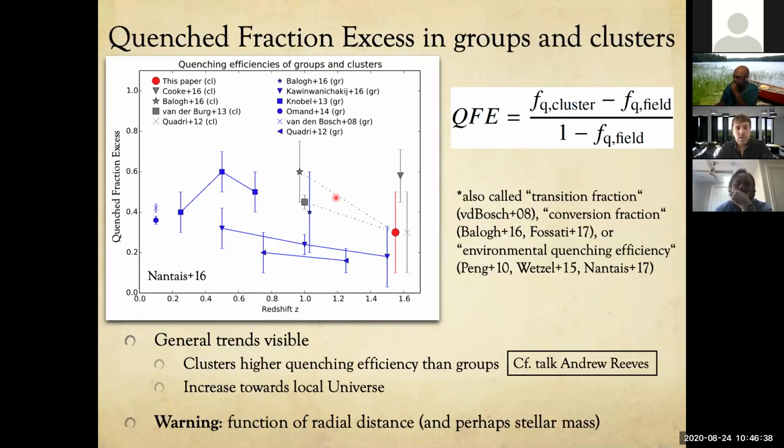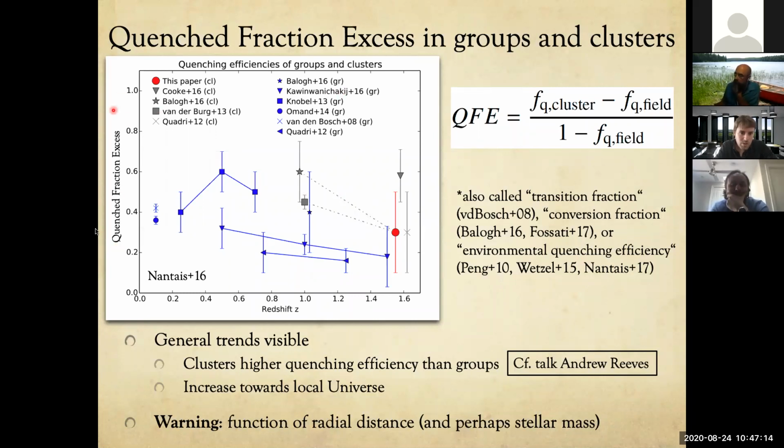And even though this is a sort of a wild compilation of results that have come out in the literature by Julie Nanté a couple of years ago, there are a few trends that are already visible in this compilation. And that is that clusters seem to have a higher quenching efficiency than groups. So the gray points are in excess of the blue points. And also there seems to be an increase towards the local universe. Now this is still being discussed, and also will be discussed further in a talk by Andrew Reeves, I think later today.